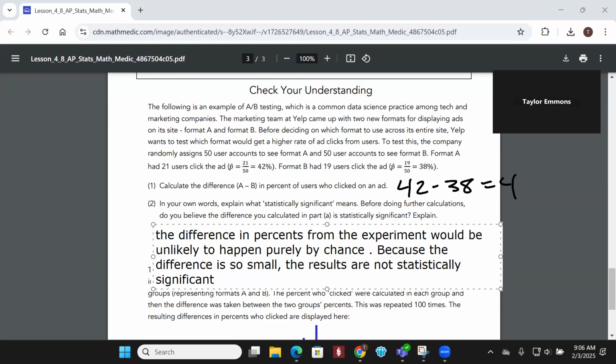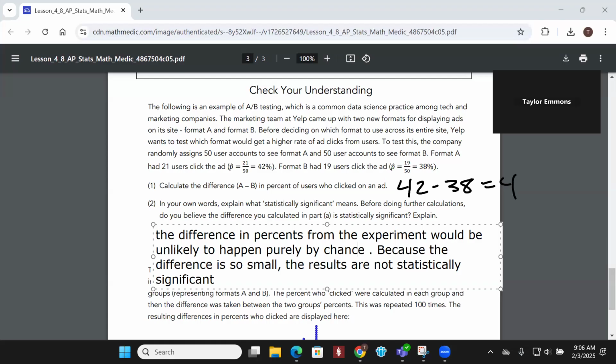If I say something is unlikely to happen purely by chance, what does that mean? Unlikely to happen purely by chance. It wouldn't happen randomly. Something is influencing it to happen. Okay, so I'm going to say that again. If I say something is unlikely to happen purely by chance, I'm saying that something is influencing it to happen.